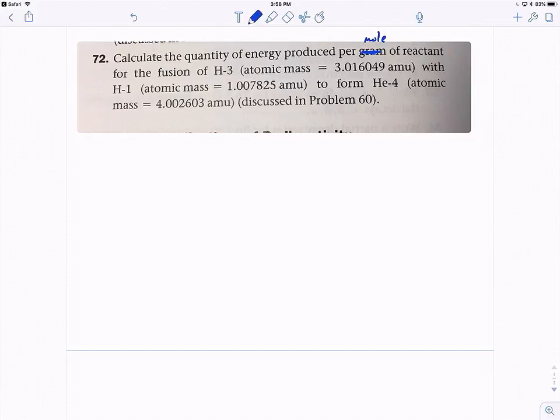So we have to find the mass defect. You have to look at H3 plus H1. This is going to be 1.007825 and 3.01649, and add those together for 4.023204.